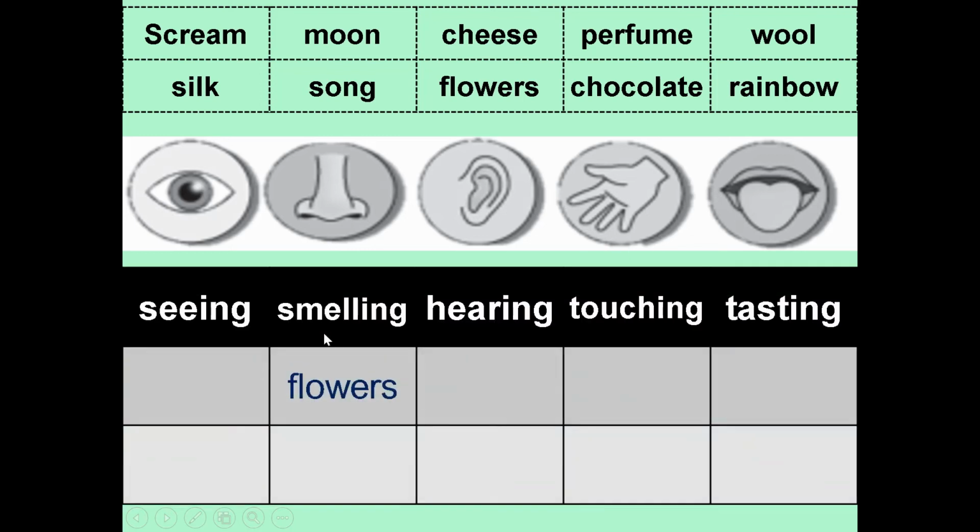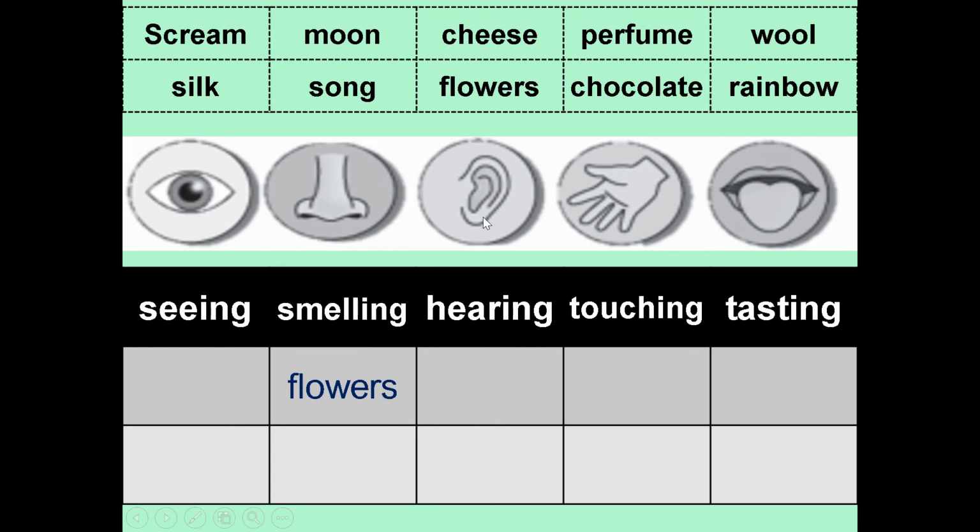So we use our eyes for seeing what? We have 2 things. The same for smelling. We use the nose for smelling what? For smelling flowers and other things. You have to find it out.